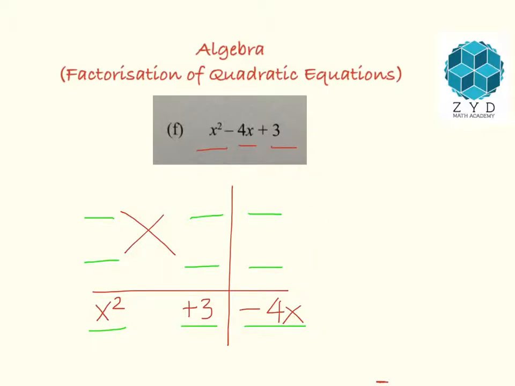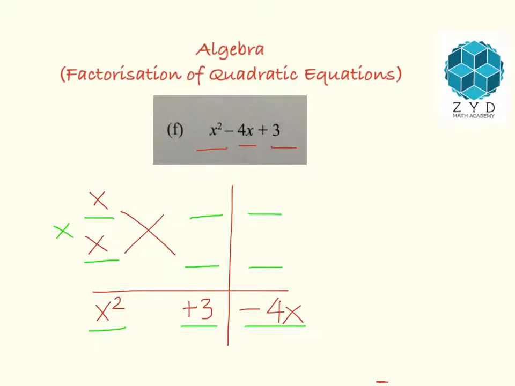The next 2 positions that we fill up are this one. This is x and this is x. Why is it x and x? Because these 2 terms you need to multiply to get an x squared. So an x multiplied by an x, you have an x squared.